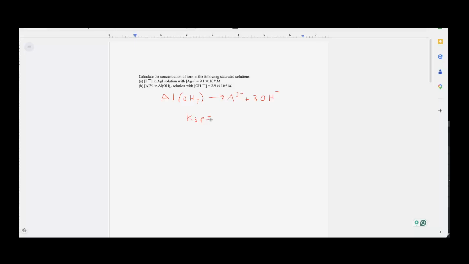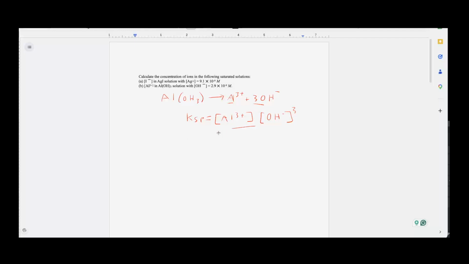The KSP is equal to the product of aluminum cations and hydroxide ions raised to the power of 3, because for every 1 aluminum cation, we have 3 hydroxide ions.